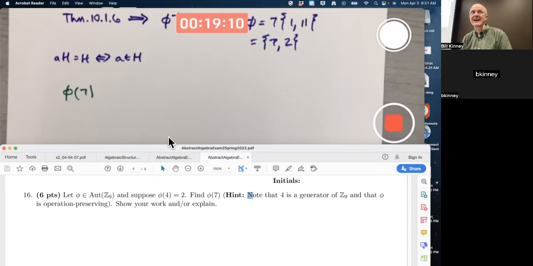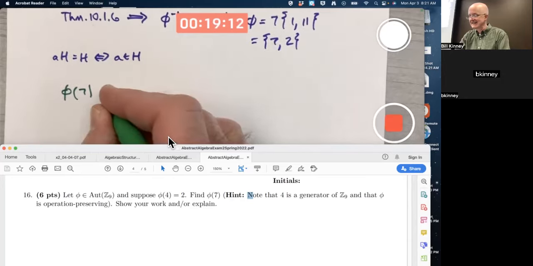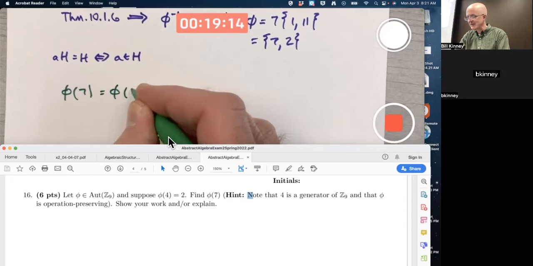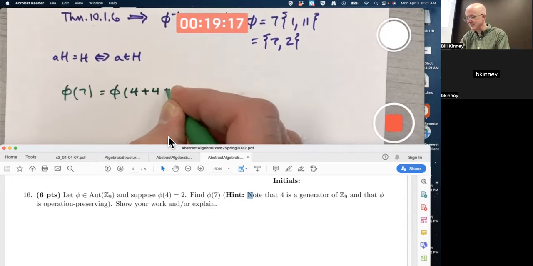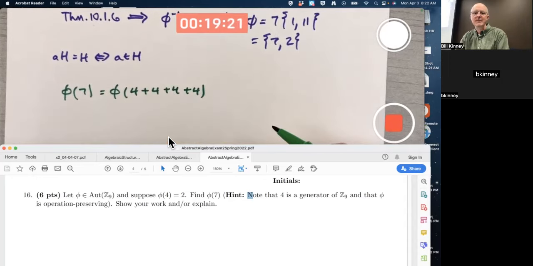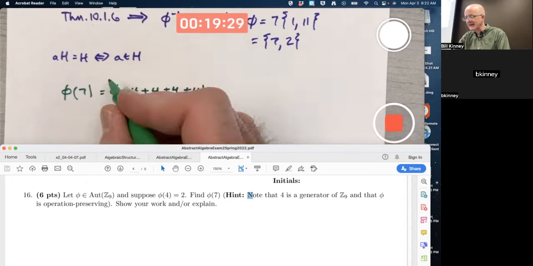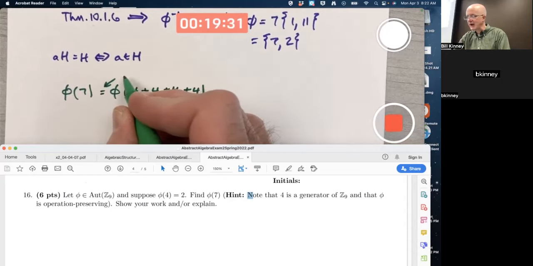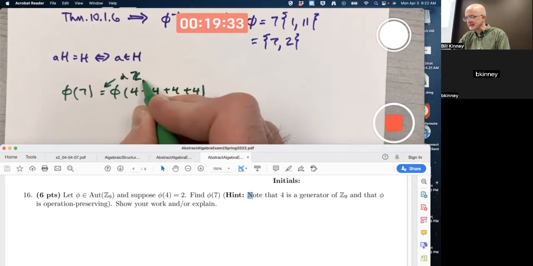There we go. 7 is 4 added to itself 4 times. Do you need to put the mod 9 in there? No, you don't have to put it in there. It's understood. You're working in Z9. I will go ahead and give that as a reason in Z9.